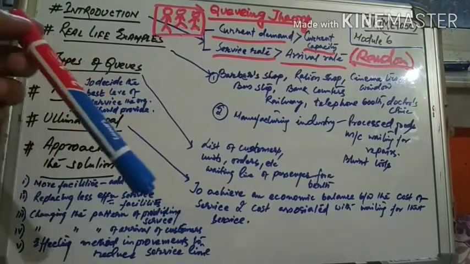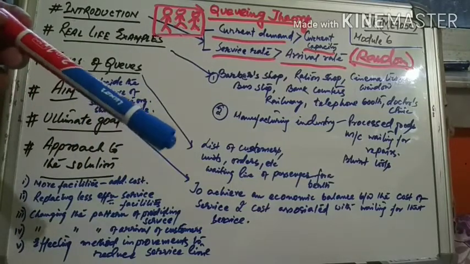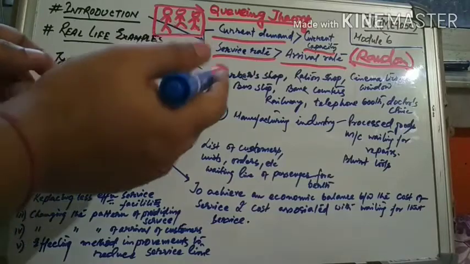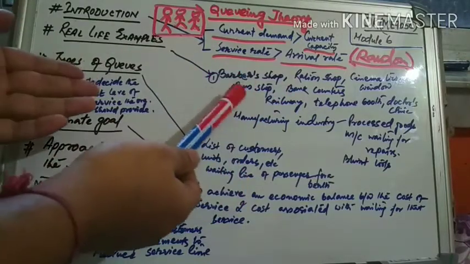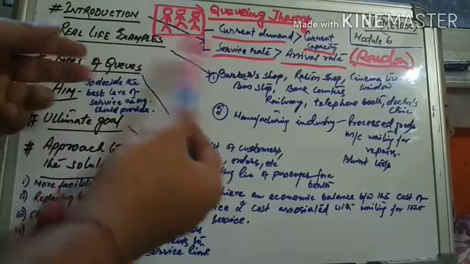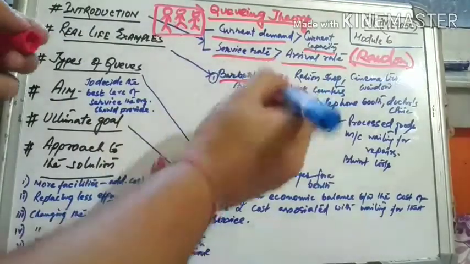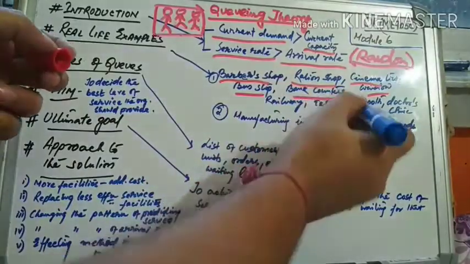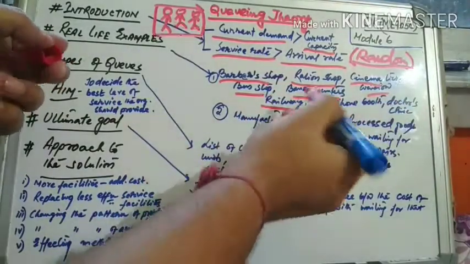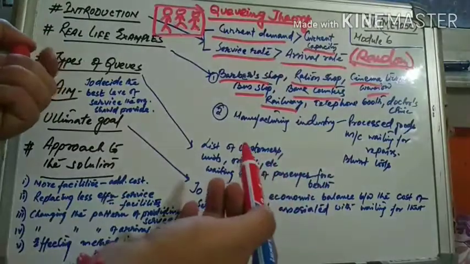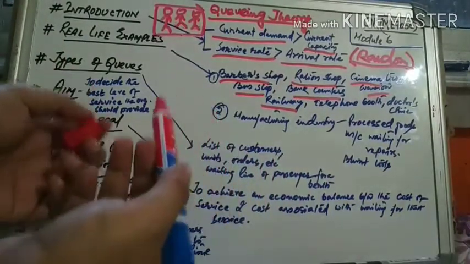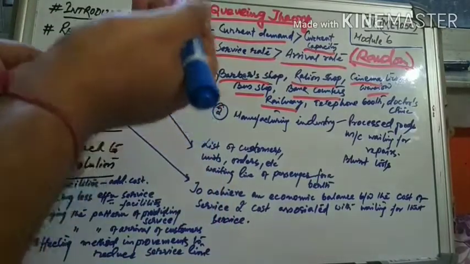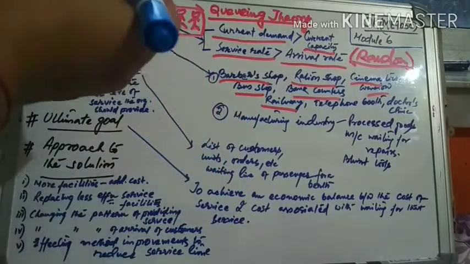Now next, the real life examples. I have written some common examples. You have also faced barber shops, ration shops, cinema ticket windows, bus stops, bank counters, railway reservation, metro reservation. Nowadays in Kolkata you have to make a queue while catching a bus or an auto rickshaw.